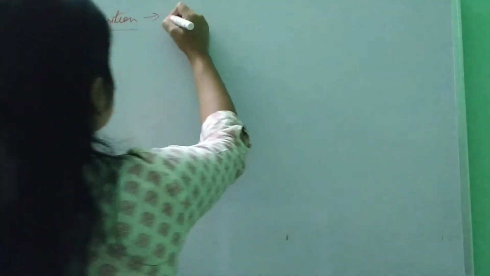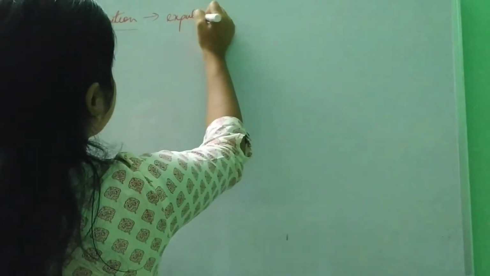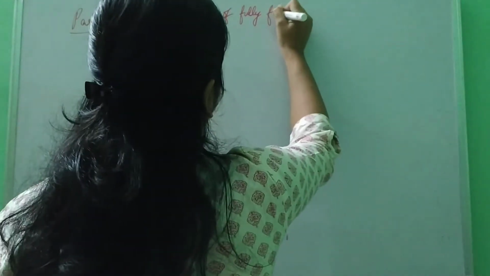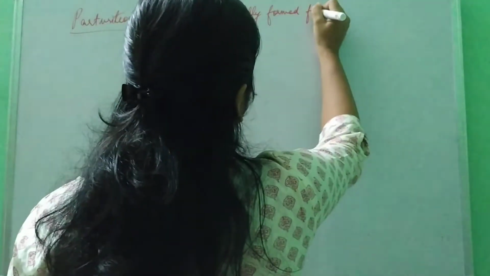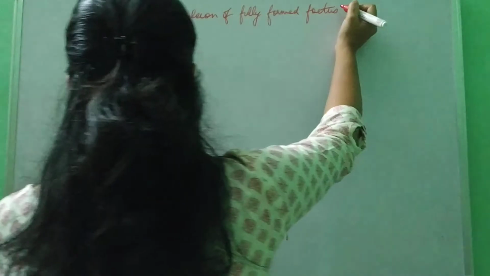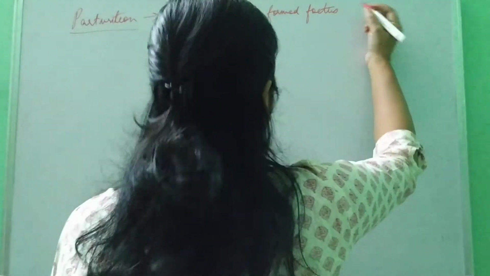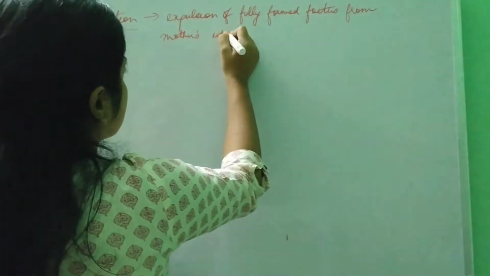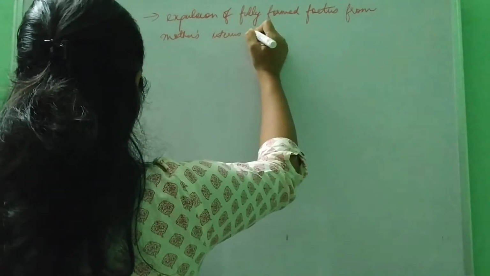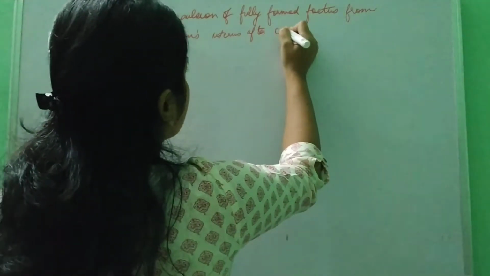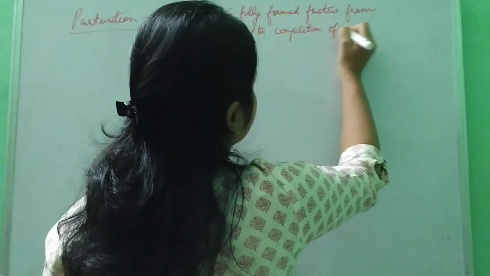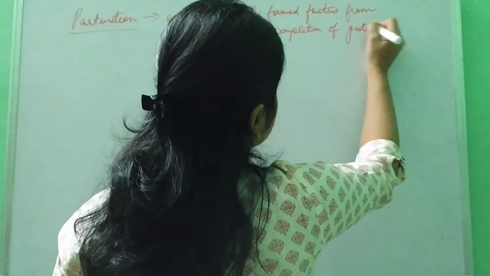Parturition is the expulsion of the fully formed fetus from the mother's uterus after completion of 9 months of gestation.